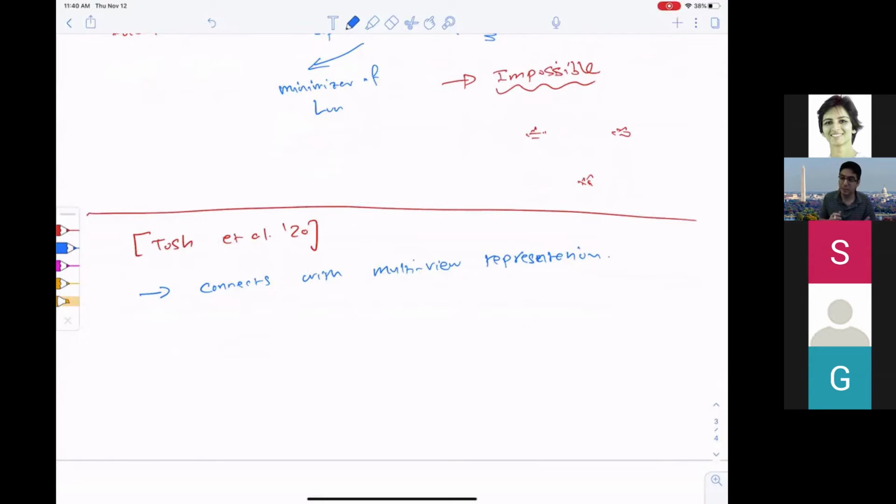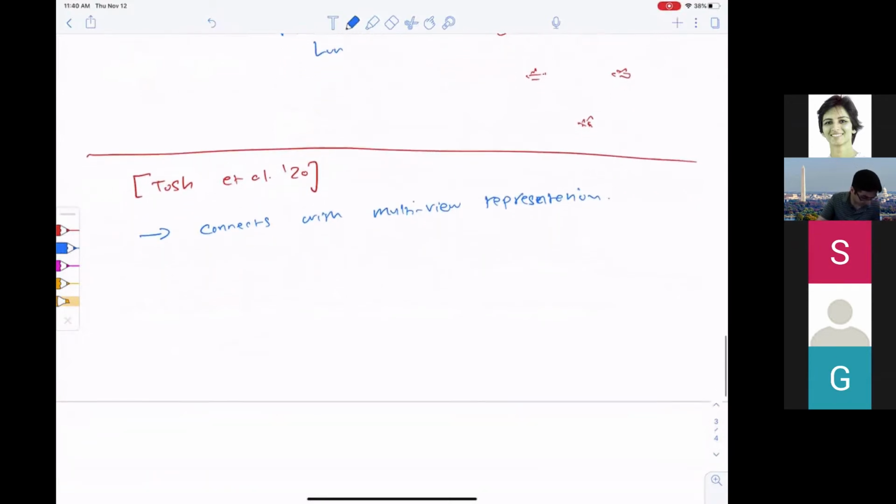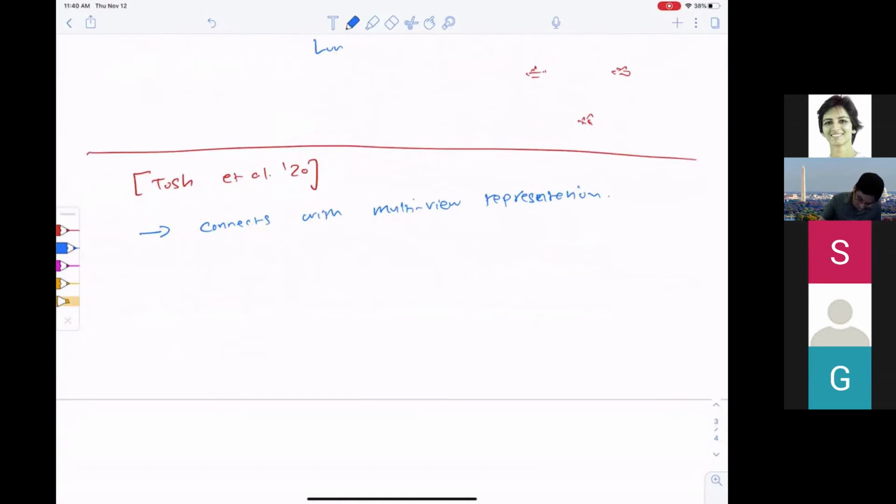I'll explain it, but I think the assumptions that they have are more realistic compared to the first paper that we covered. All right, so they start with this setup of having two views of the data.